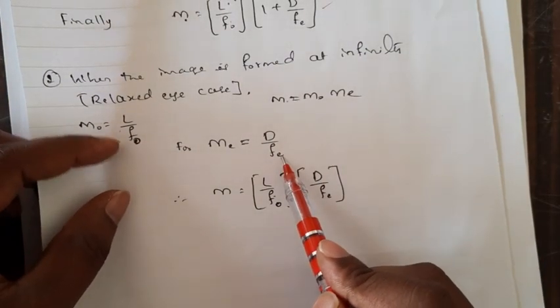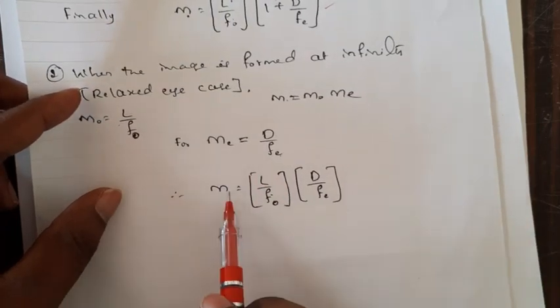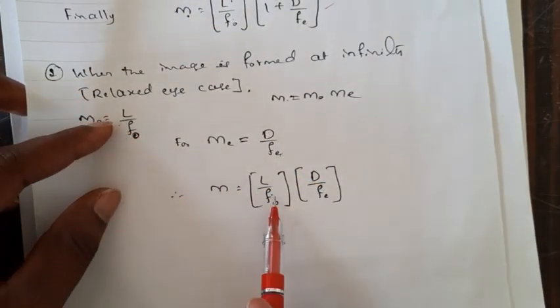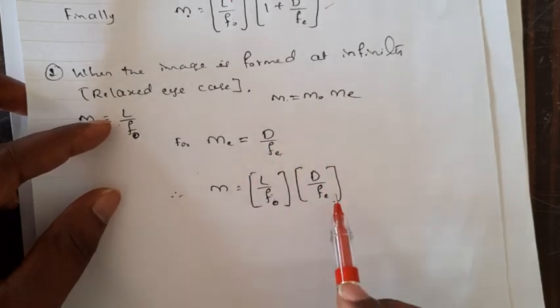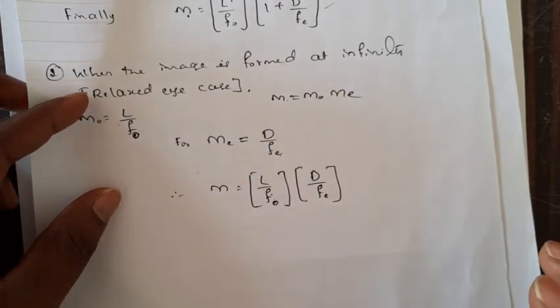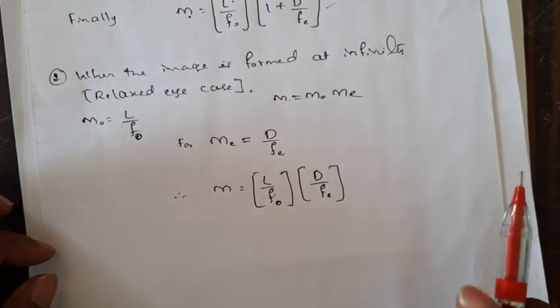I already derived it, so I directly borrow it. So m equals mo into me, mo is L by f naught, me is d by fe. So this is the magnification of the compound microscope.